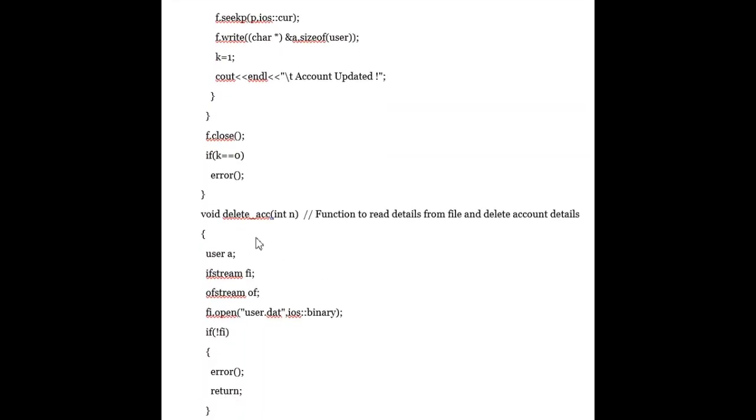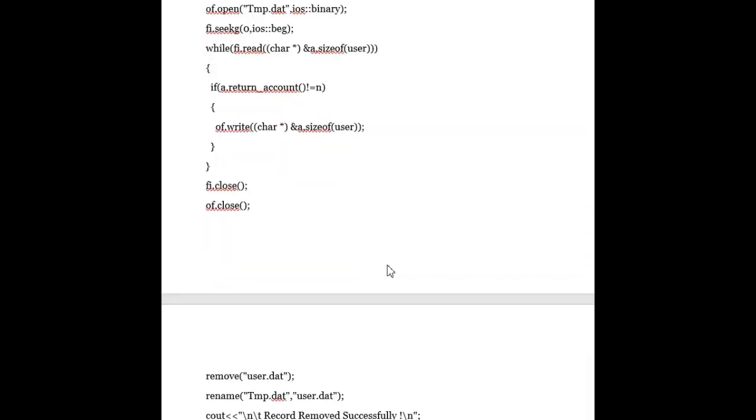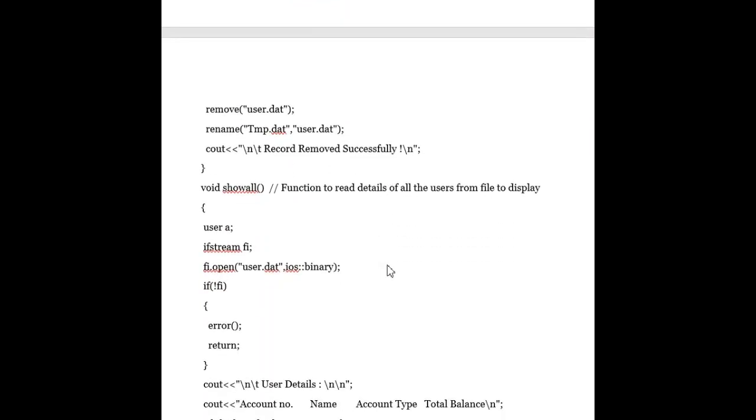Here is the void delete function to read details from the file and delete account details. Then we have used the void show all function to read details of all the users from the file to display.